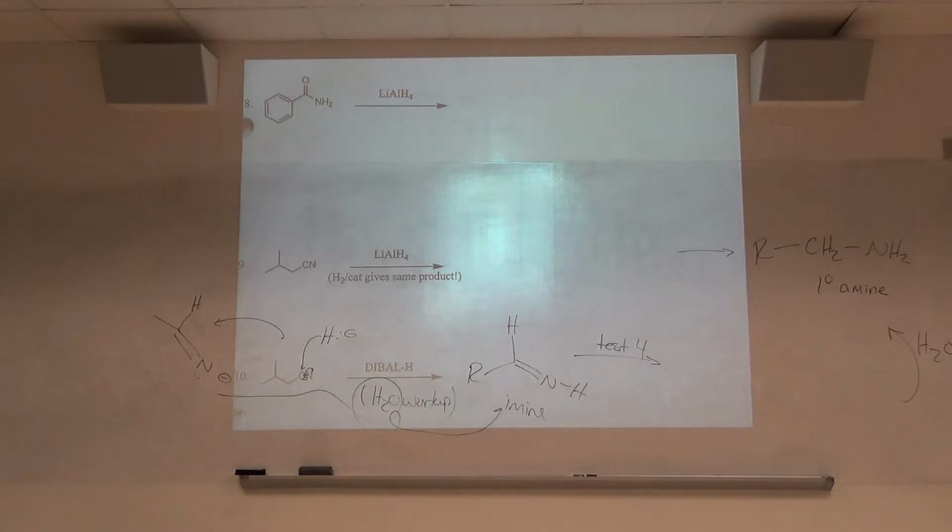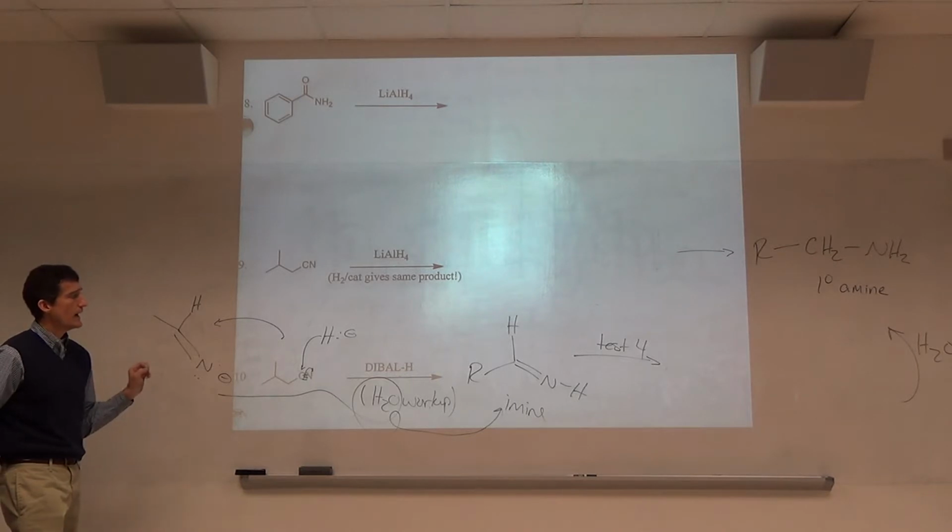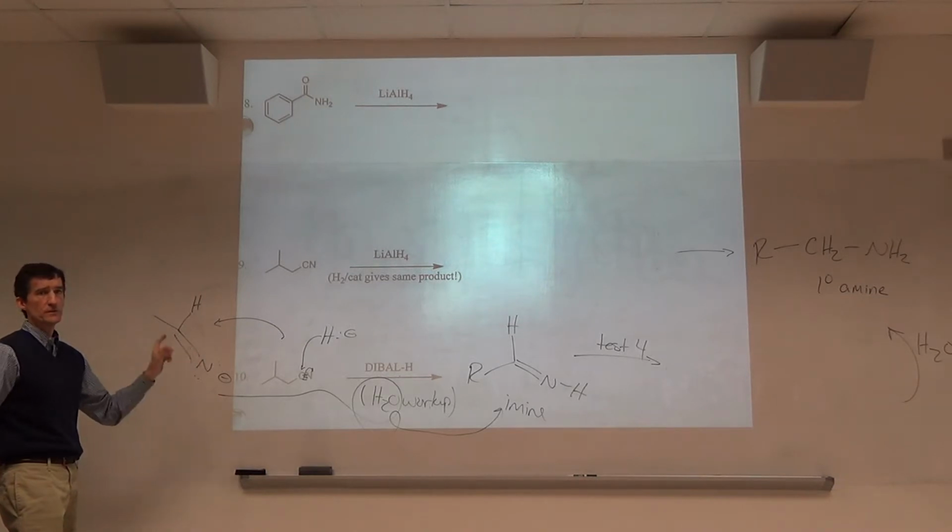Good question. Sodium borohydride typically only reacts with aldehydes and ketones. It can reduce imine, which you do in lab. But there's several reactions that LAH will do, but sodium borohydride will not. LAH is a stronger reducing agent.